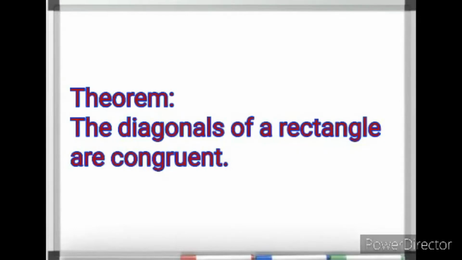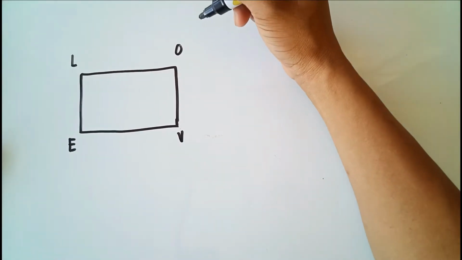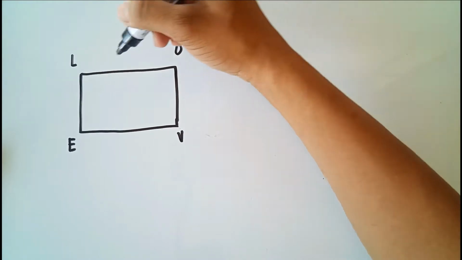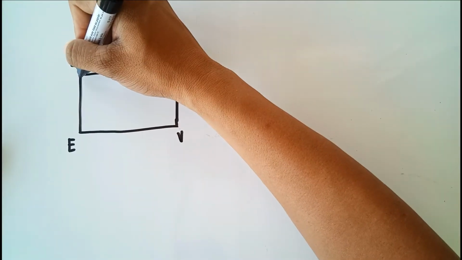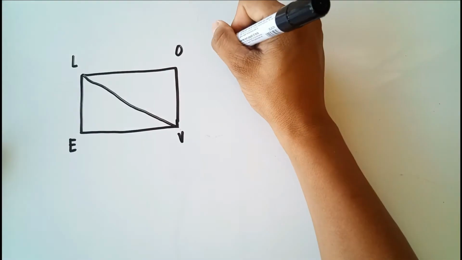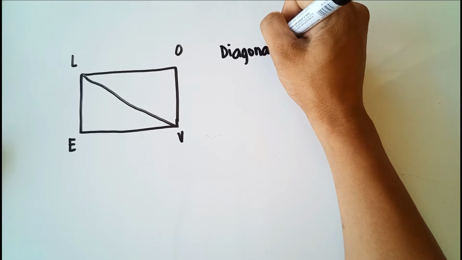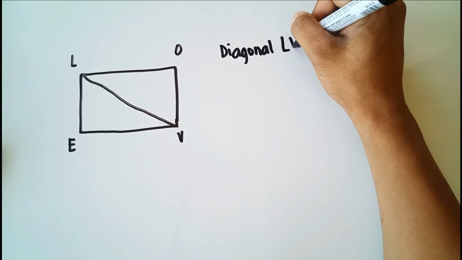Theorem: the diagonals of a rectangle are congruent. Given the rectangle LOVE, we will have the diagonal. We are going to connect the vertex L and the vertex V. Okay, so we have diagonal LV.